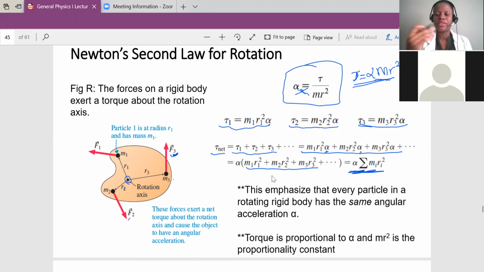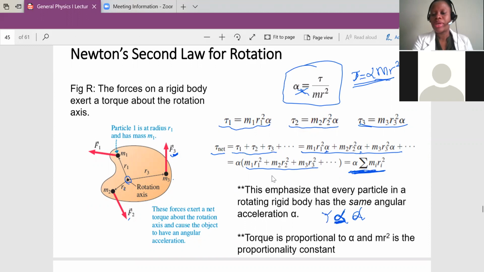Okay, so from this expression, we can make a statement that torque is directly proportional to angular acceleration. Don't mind the fact that this sign of proportionality looks about the same as the symbol alpha.